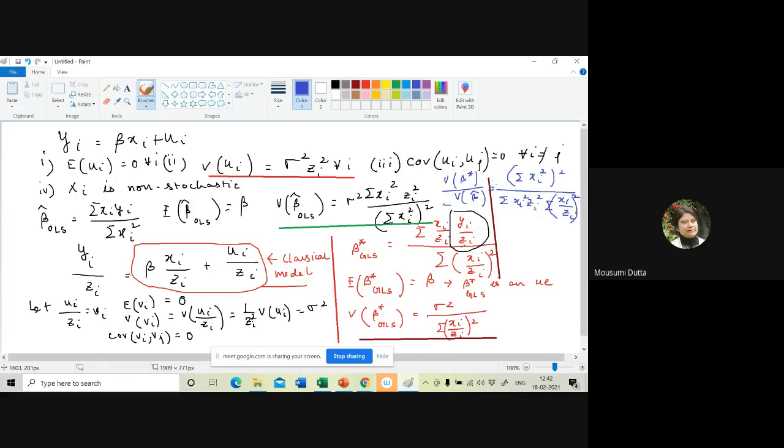Okay. So now I'll write the numerator in the shape of the denominator.